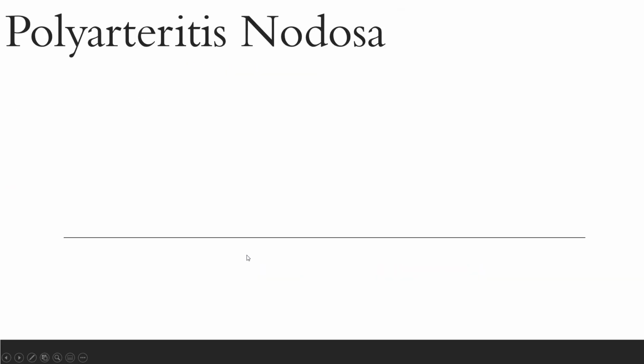Okay, and then the last one is polyarteritis nodosa. And so we're going to use the name again to help us remember what the disease is, where it is, and what's involved. So poly meaning many, and then nodosa meaning nodes, and then arteritis. Okay, so it's most common in young adults.